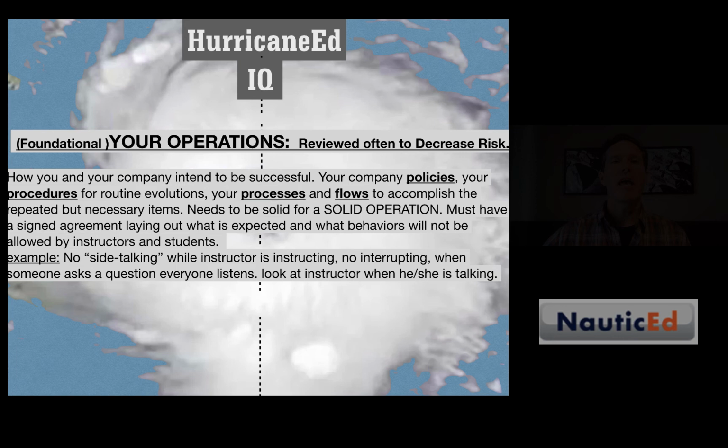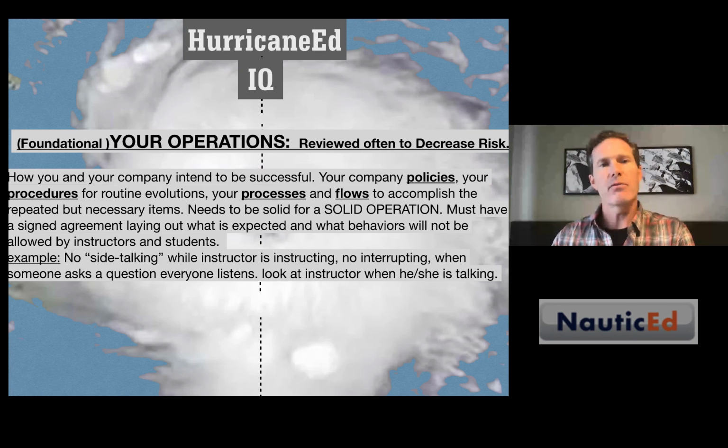Now, as the owner and the leaders of a school, it could be your opinions that create those policies and procedures that everyone has to follow. However, they should be grounded and solid and vetted with good feedback and everybody on board. But you need to have policies and procedures because great leaders follow rules. When you follow opinions, it leads to a breakdown of organizations.